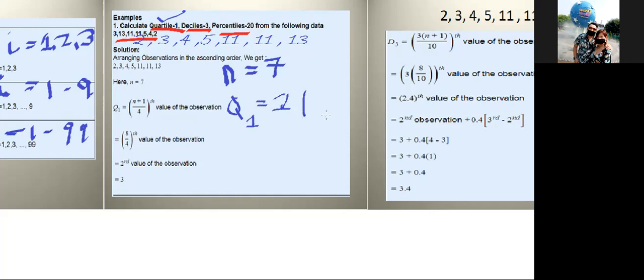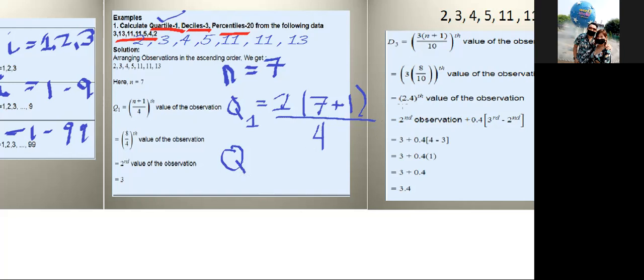Remember, our n is 7 because it's the number of data, plus 1, over 4. Since we are trying to find the quartile, we'll use 4.